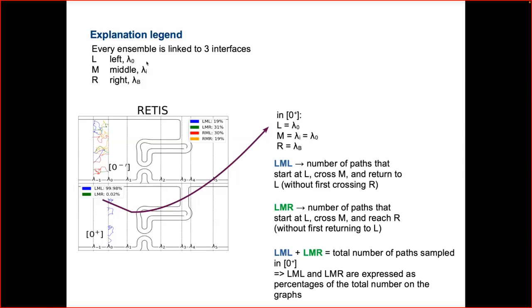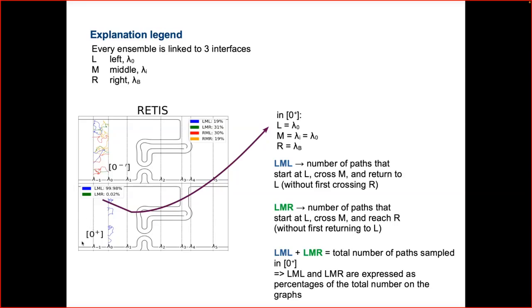The left is the start of the path, the M is the crossing condition, and R is then the right interface of that ensemble. Because we sample transitions from A to B, the left and the right interface are always lambda 0 and lambda B. But the middle interface changes with the ensemble that you look at. In the 3 plus ensemble, the middle interface is lambda 3.